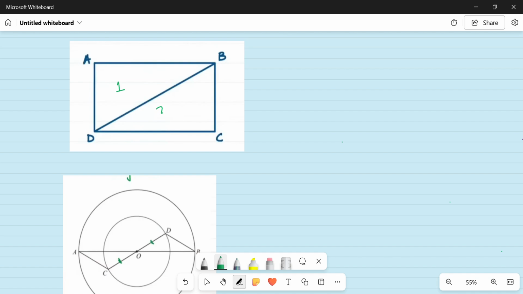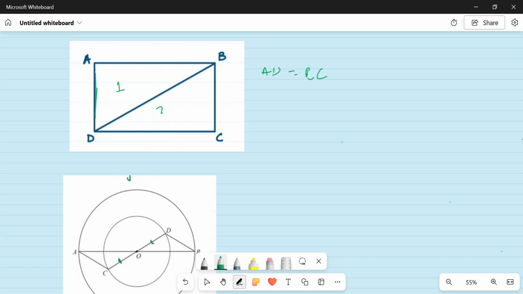The first one, AD. Can you tell me AD is equal to which side? Of course, it's a rectangle, so the parallel sides are the same. AD is equal to BC. What is the reason?